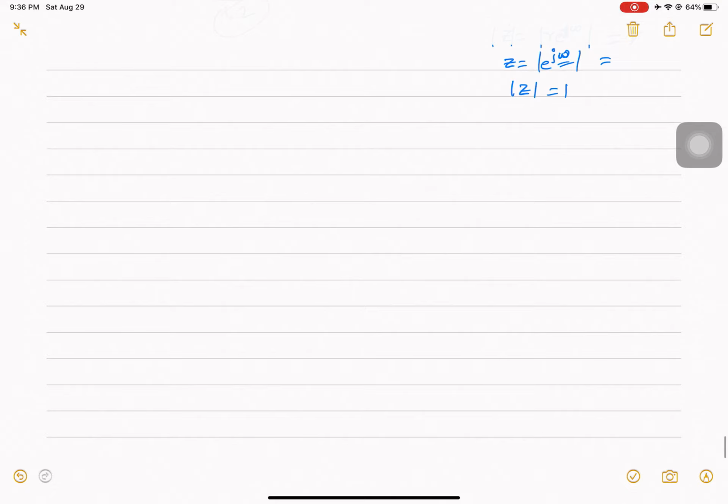Okay, so an example. X of n is given as a power n u of n. So x of z, by definition, and please have the habit of writing this, is the summation n going from minus infinity to infinity of x of n z power minus n.